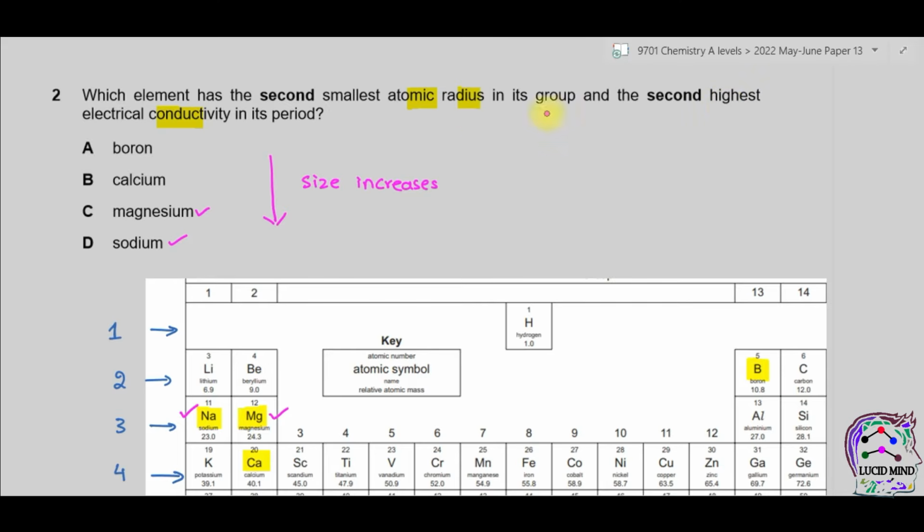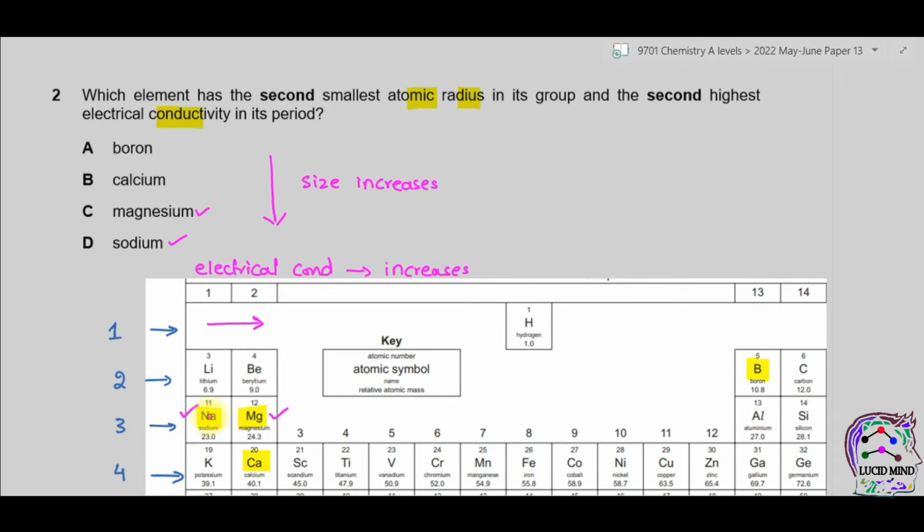Now the second thing is the electrical conductivity. As we know, when we move along the period in metals, electrical conductivity increases. Electrical conductivity depends on the number of electrons that are easily lost.